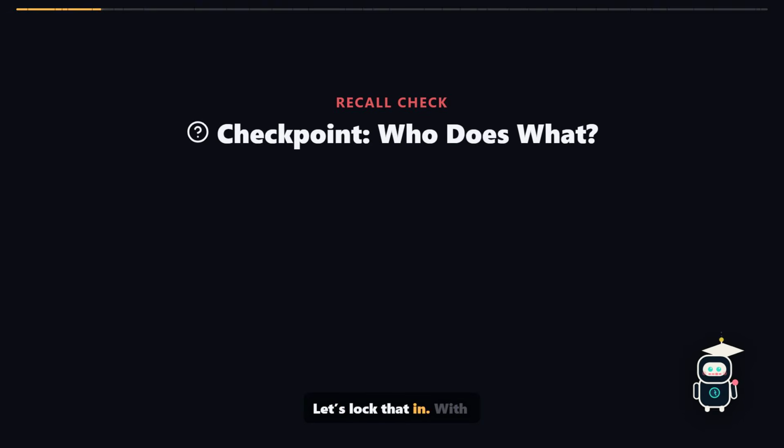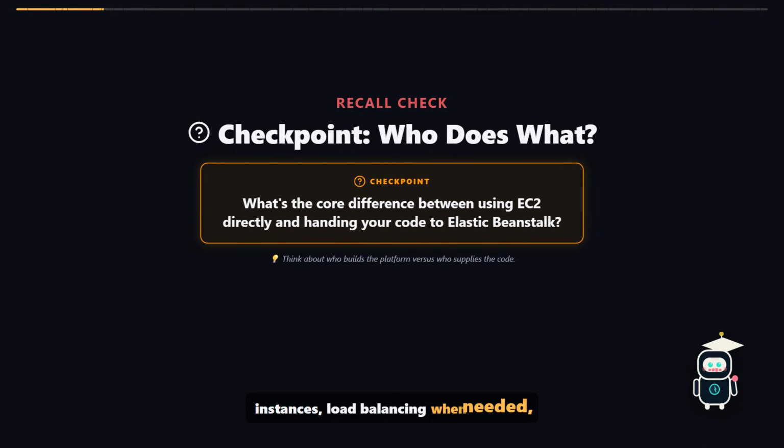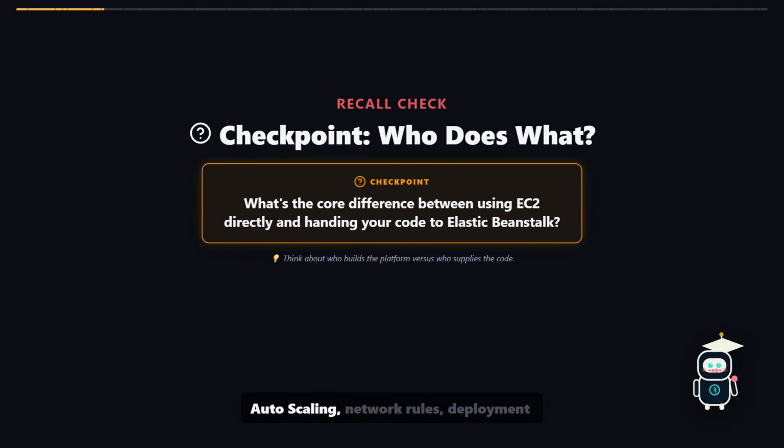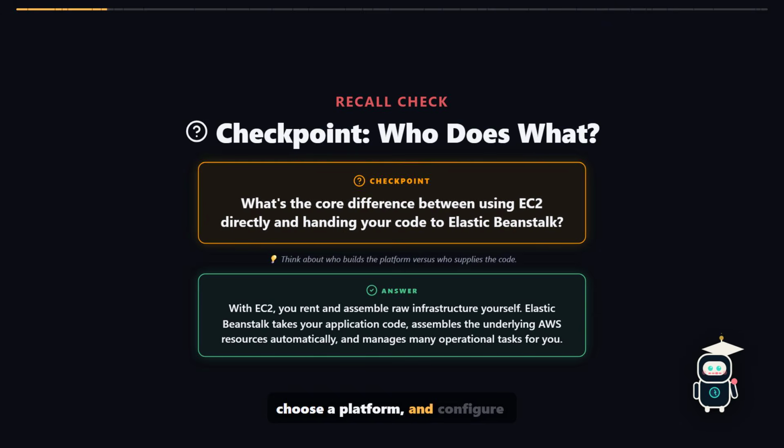Let's lock that in. With direct EC2, you choose and assemble the environment components yourself. Instances, load balancing when needed, auto-scaling, network rules, deployment steps, and monitoring. With Elastic Beanstalk, you provide the application, choose a platform, and configure the environment.